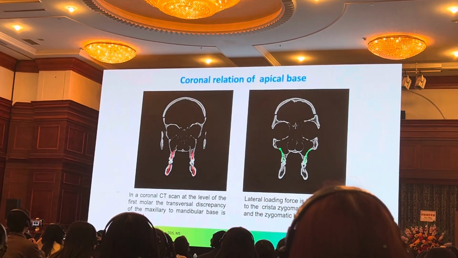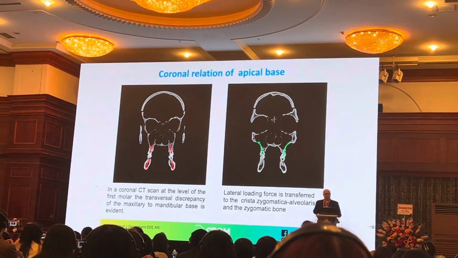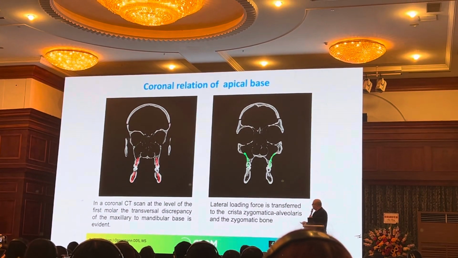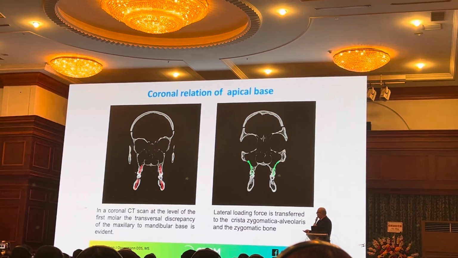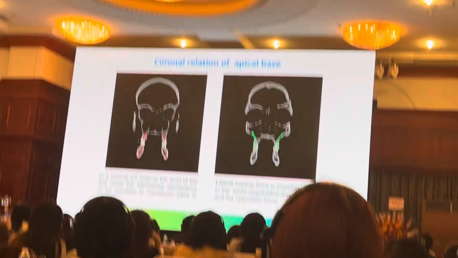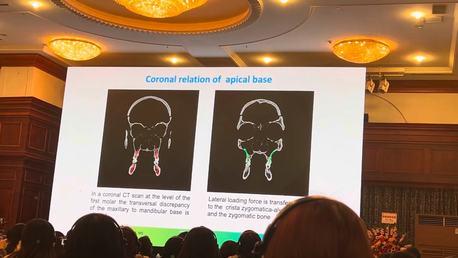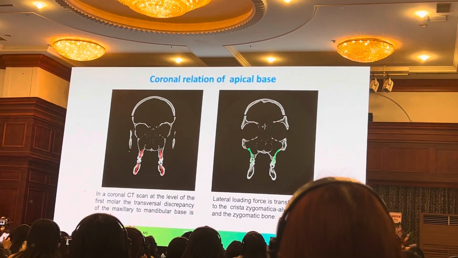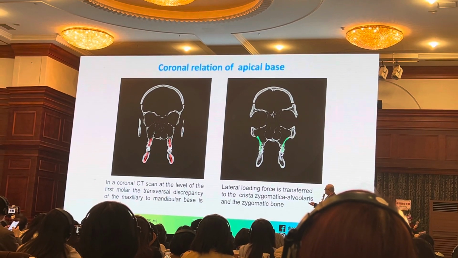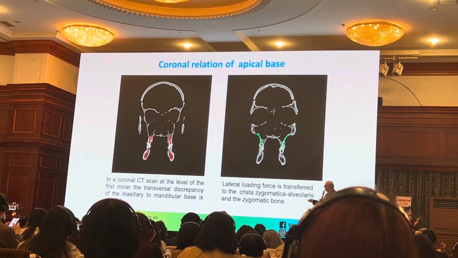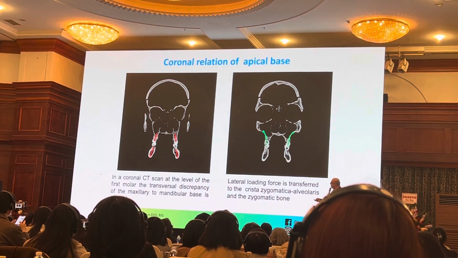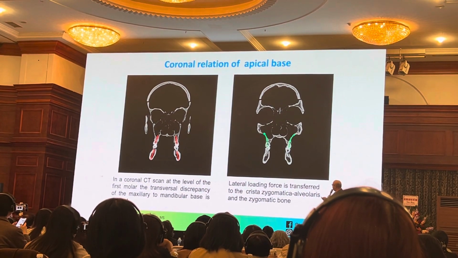For example, here I have a cone beam CT of a patient, and you can see how the inclination of the upper molar is always with the Wilson curve positive, so the upper crown must be in positive torque, and the lower molars also a little bit negative, so it makes the Wilson curve become positive, and it is absolutely in line with the bone structures. So this force is able to be distributed to the zygomatic bone, and the whole thing will adapt this way.